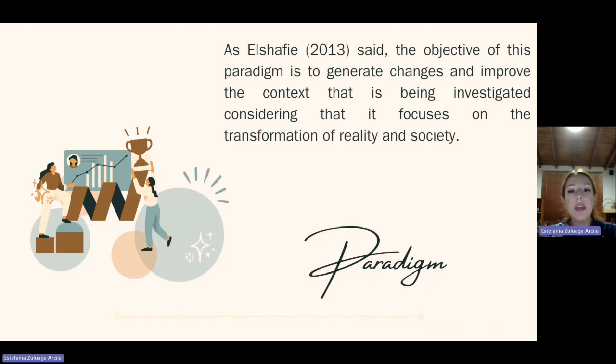The objective of this paradigm is to generate changes and improve the content that is being investigated, considering that it focuses on the transformation of reality and society. Through participation, action, and the implementation of alternative assessment tools, we want to look at the possible changes, since we hope that this method of assessing will be much more feasible for students to learn grammar.